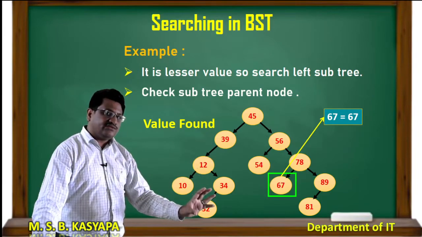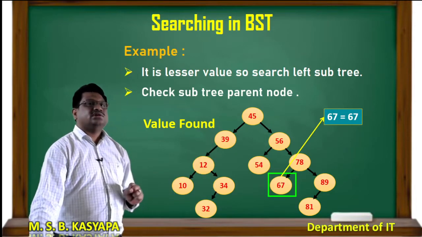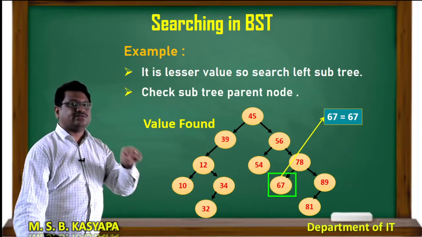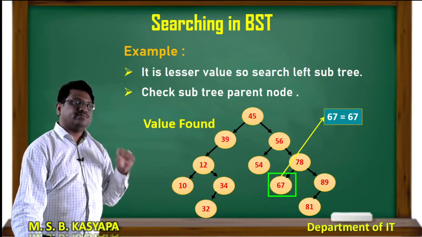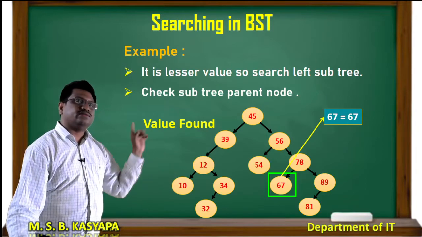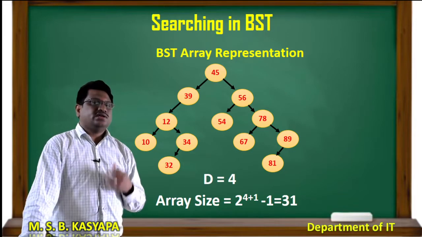I reached the leaf node, am I right? 67 is the leaf node in that particular path. So, I reached the leaf node but did not find the desired value, so it is a failure. If I search 66, it is a failure, but I am searching 67, so 67 is equal to 67 and here the value is found. In this way I will search an element in a binary tree.